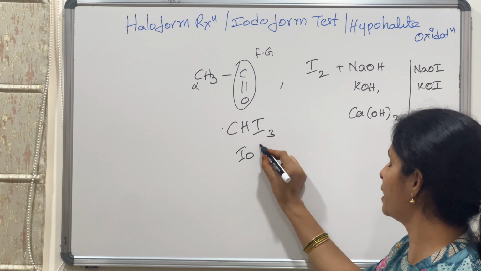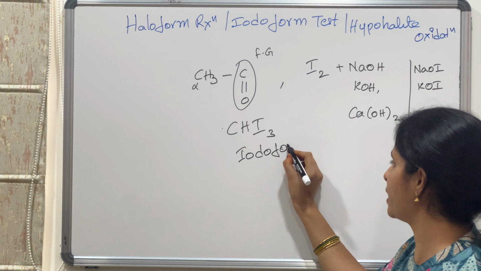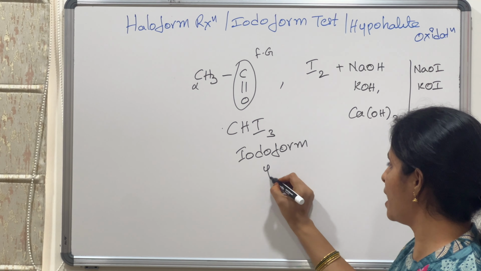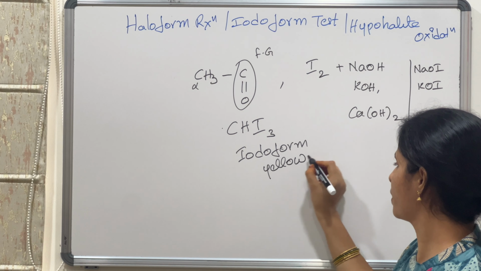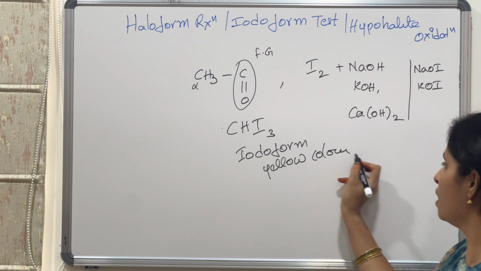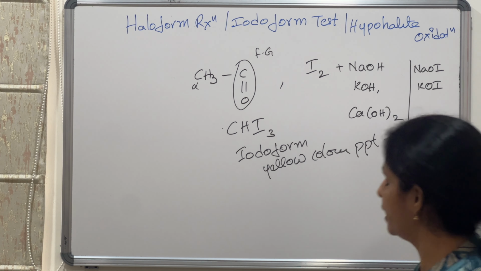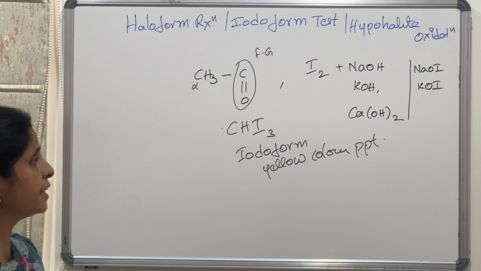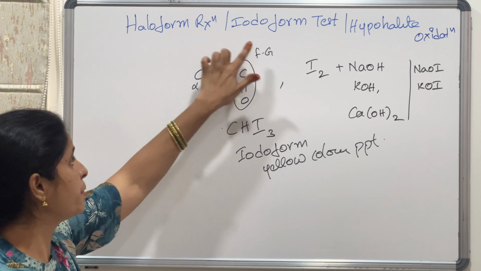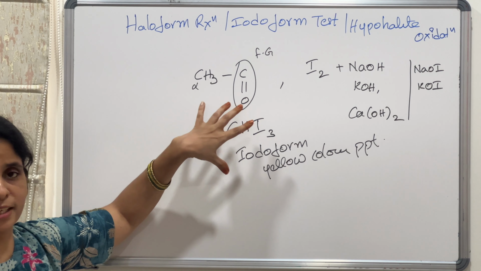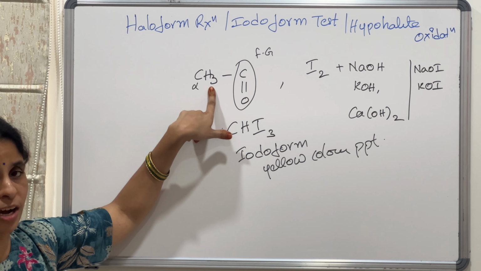So this is called the iodoform test. The yellow precipitate is the characteristic of a positive iodoform test, given by the aldehydes and the ketones containing 3 alpha hydrogens.